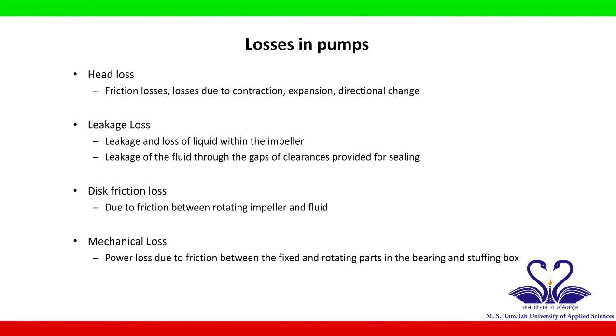Disc friction loss may also occur due to friction between the rotating impeller and fluid. Friction also exists between the fixed and rotating parts in the bearing and stuffing box, which may lead to power loss in the input shaft.